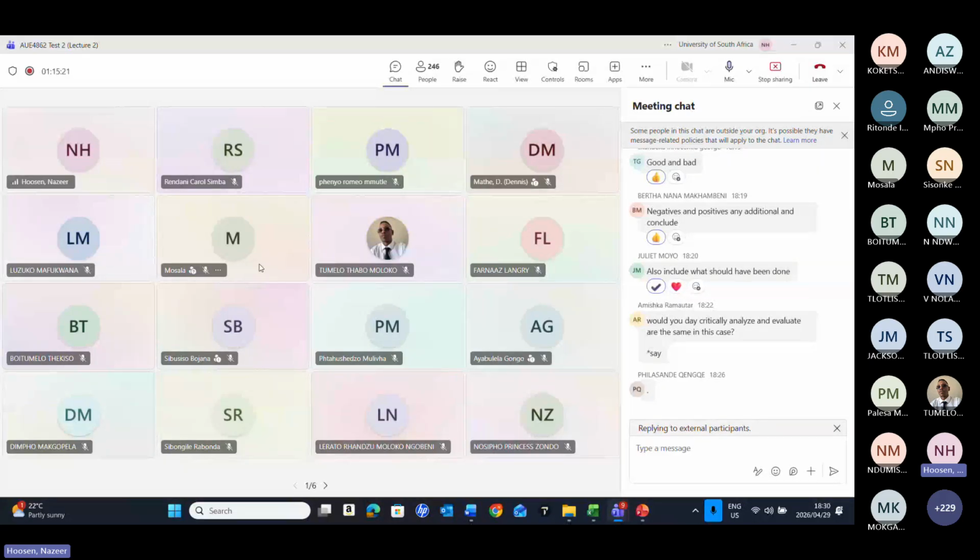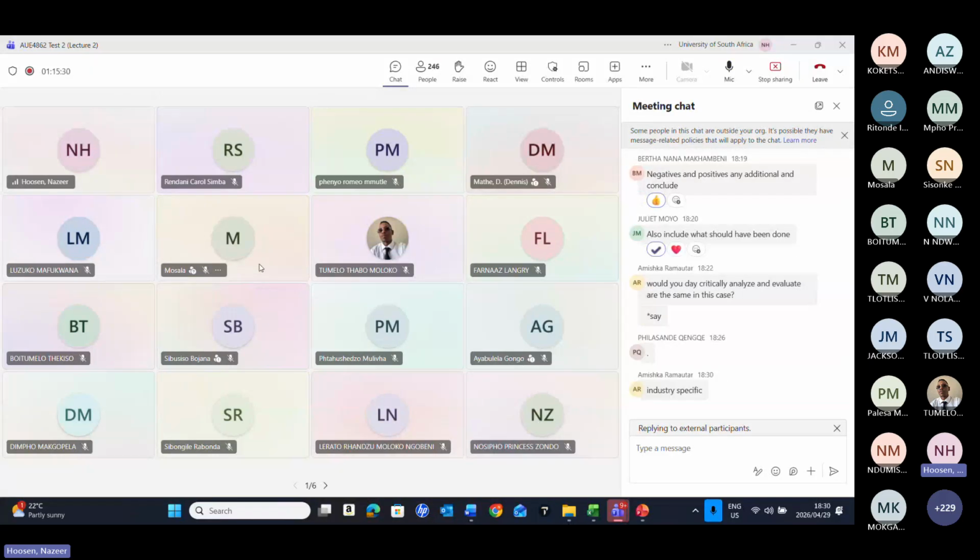You can compare companies in the telecommunications industry and they could have cycles which would be similar in nature. Yes, Amishka, industry specific, well done. So if you're comparing, like I said, the telecommunications industry or the aviation industry, Emirates Airlines could obviously compare, within the same ambit, to Cathay Pacific.